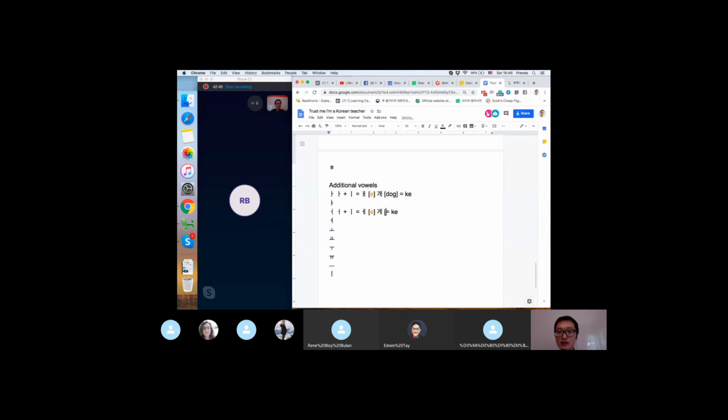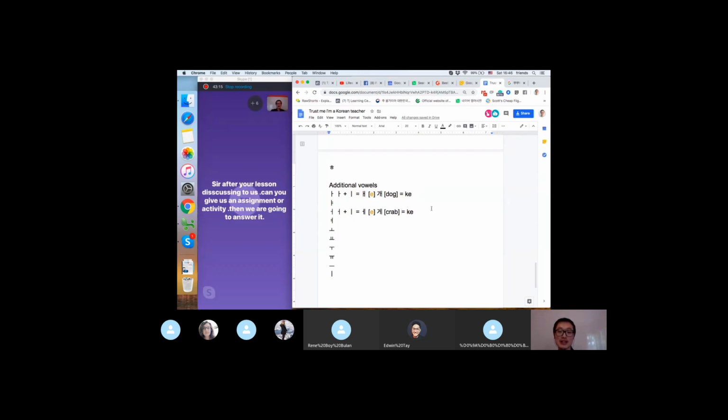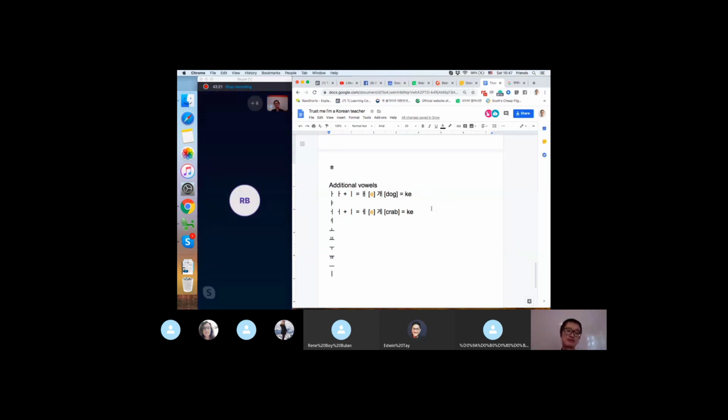And the second word means crab. Then how do we know which one a person is talking about? We don't know. We have to find out from the context. Or we're going to ask, which ke are you talking about? For example, I saw ke on the beach. Then we have to ask, which ke are you talking about? Okay.